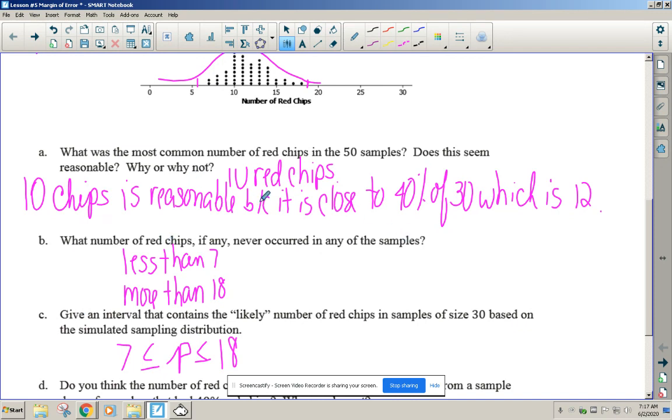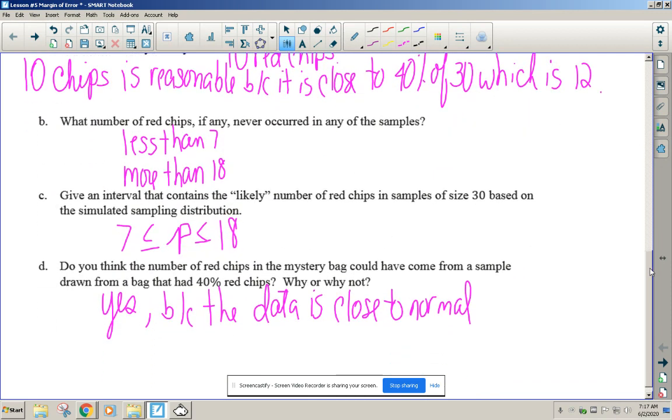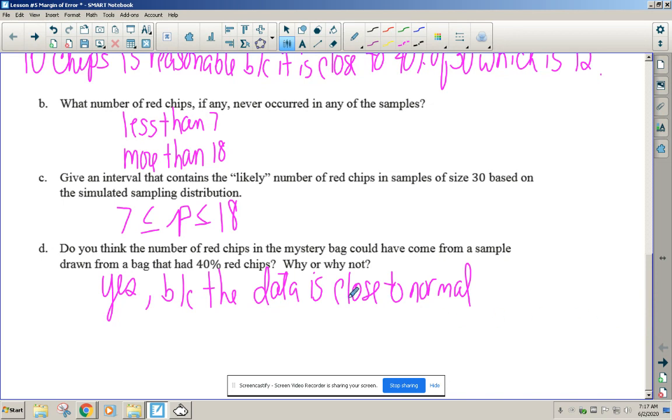And notice up here we were talking about 40%. So the population proportion would fall, the population that we have would fall between 7 and 18 chips in this particular sample. And do you think the number of red chips in the mystery bag could have come from a sample drawn from a bag with 40%? Yes, because the data is very, very close to normal.